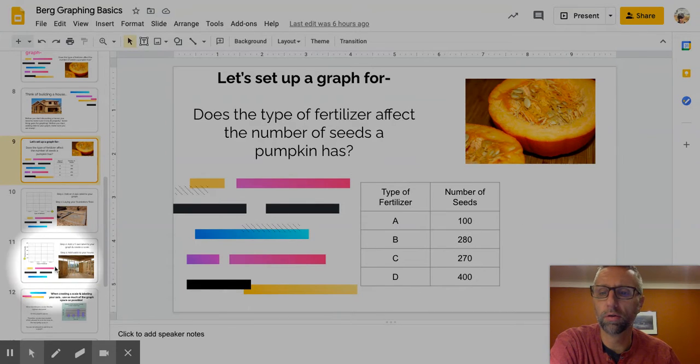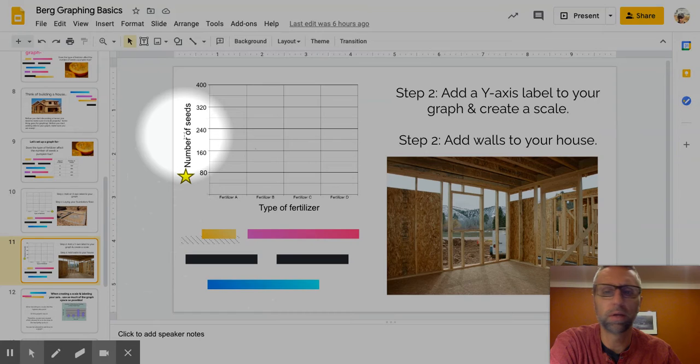And that's going to go right here every time. Whatever we have as our dependent variable will go on our y-axis. Now in this case, our units would be seeds because we're counting. If you were doing some type of metric measurement, like measuring in degrees Celsius, then you would have to put the units of Celsius on there. Or if you were measuring volume, you might need to write milliliters or something like that.